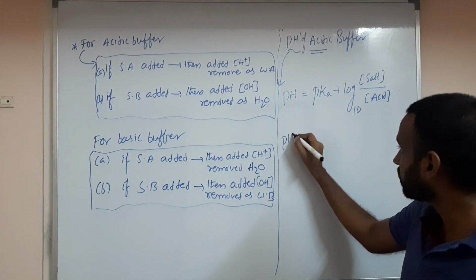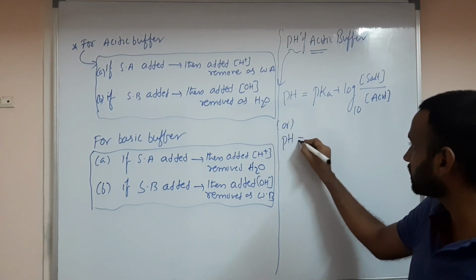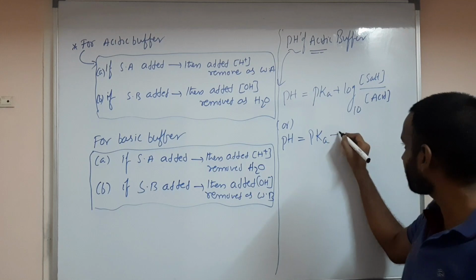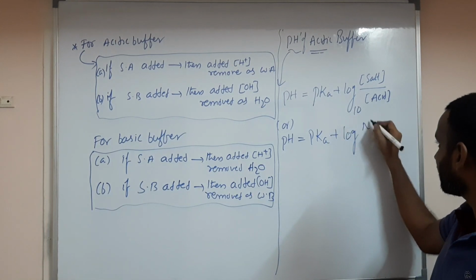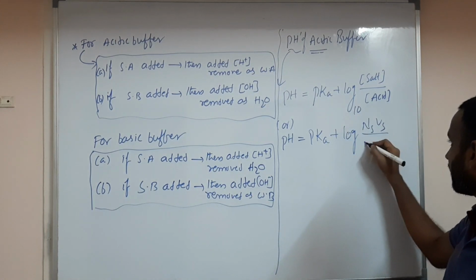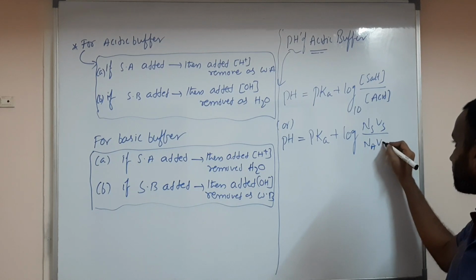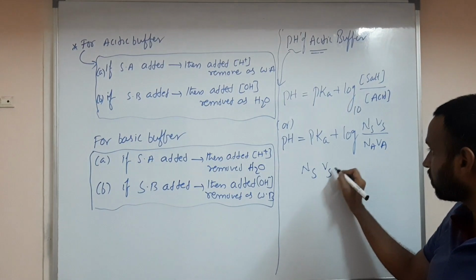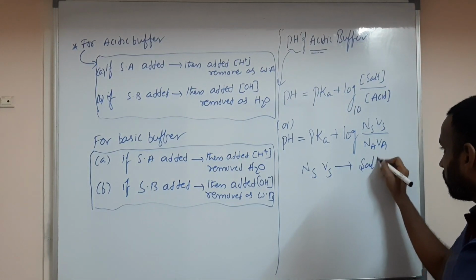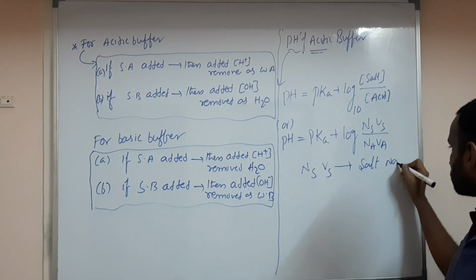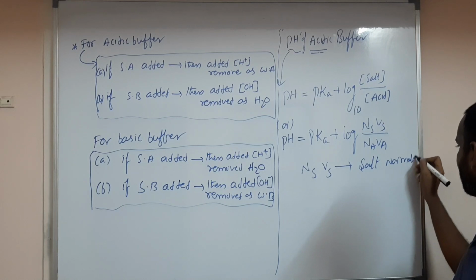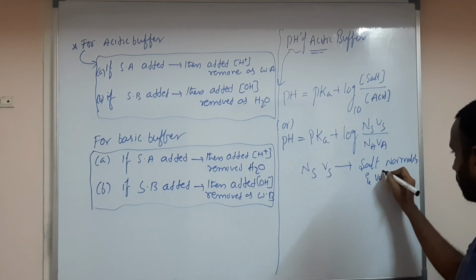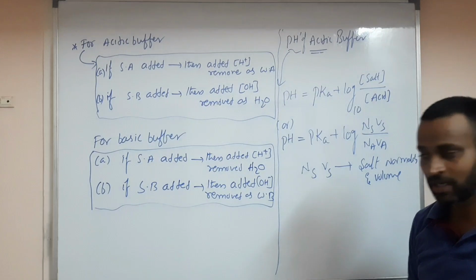You can write, or else, pH is equal to pKa plus log N salt V salt by NaVa. N salt, V salt means salt normality and volume. Understanding?